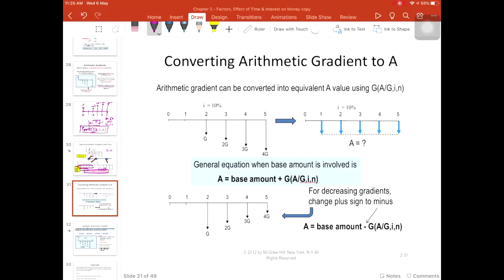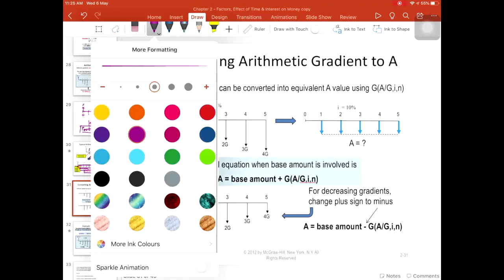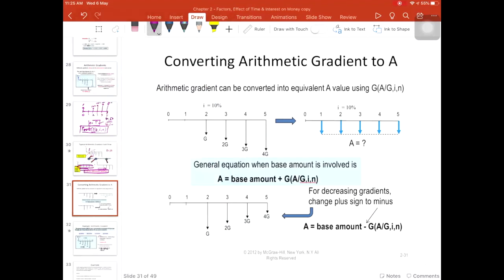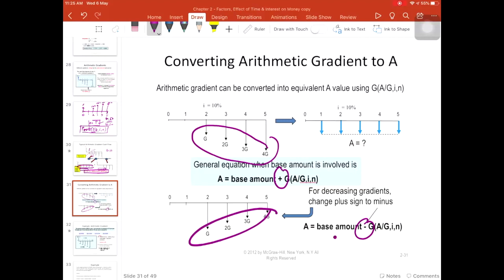Okay, so this one for the positive, okay, is a positive. If the negative, you have to change the negative one. Okay, boleh? Boleh. Base amount, the first calculation, and then the second amount is a second calculation. Okay, alright.